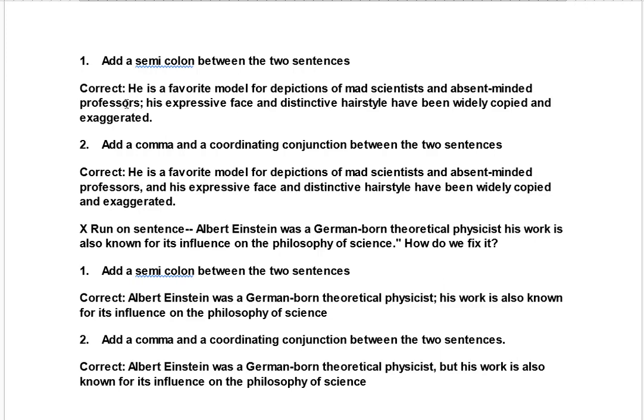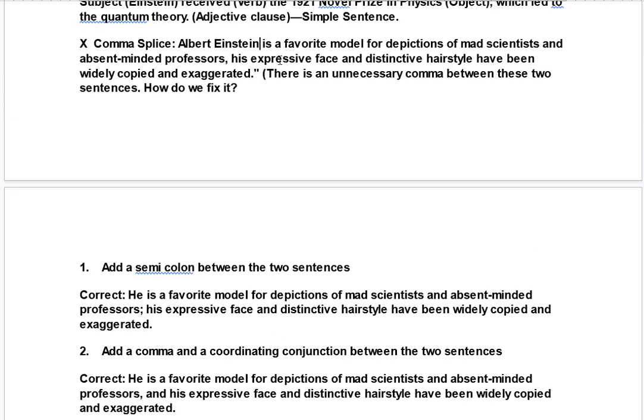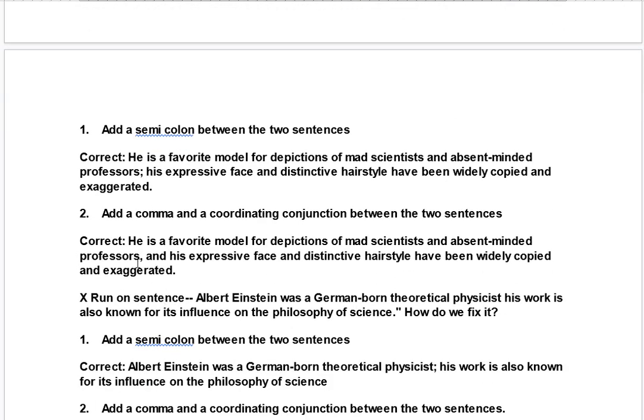So we fix this comma splice, in which you have an unnecessary comma, by adding a semicolon. Or we add a comma and a coordinating conjunction between the two sentences to make it correct. He is a favorite model of mad scientists, comma, and his expressive face.